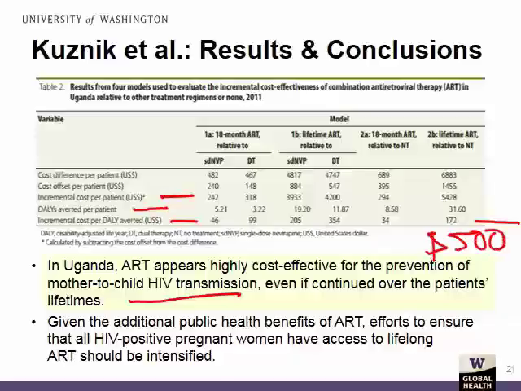So all these costs per DALY averted are lower than $500. So that's why the conclusion was that ARTs for PMTCT are highly cost effective. So they said that given the additional public health benefits of ART, efforts to ensure that all pregnant women who are HIV positive have ARVs for a lifetime should be intensified.